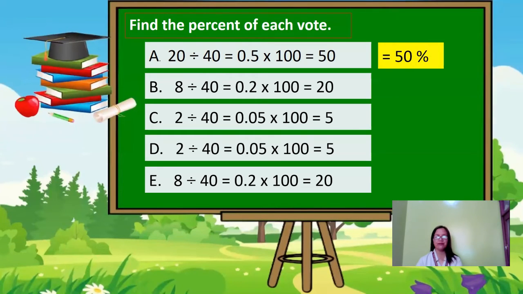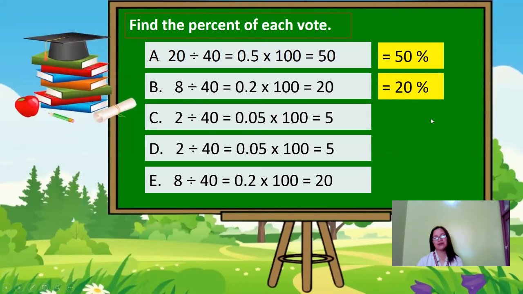Same with letter B. 8 divided by 40, again, 8, the number of votes, 40, the total number of customers. So 8 is the percentage and 40 is the base. So 8 divided by 40 equals 2/10 or 0.2 times 100 equals 20. Then affix the percent sign.